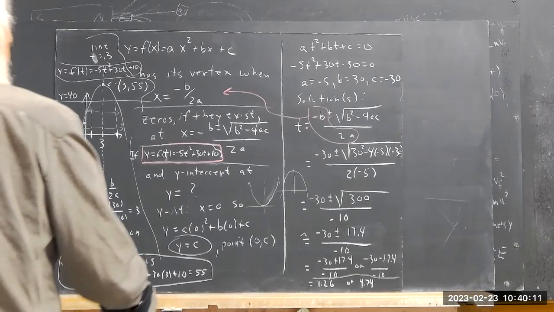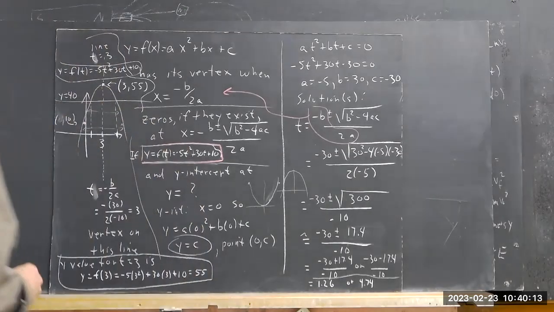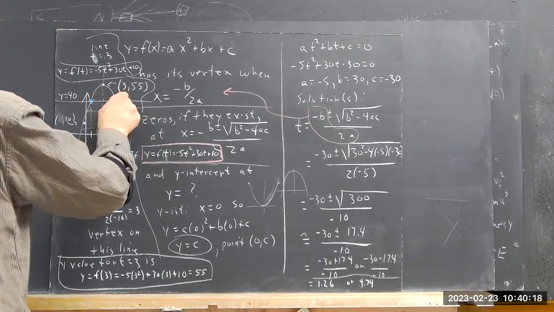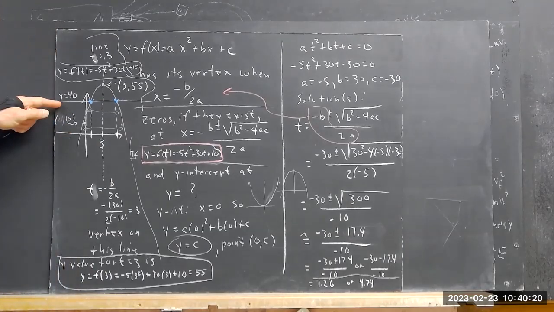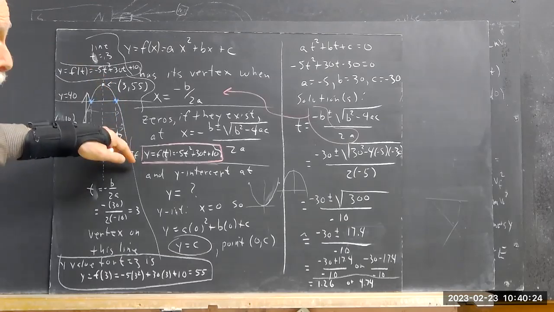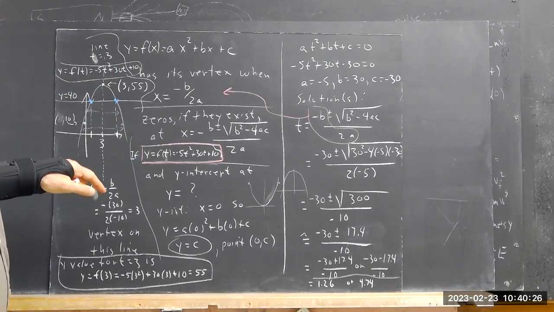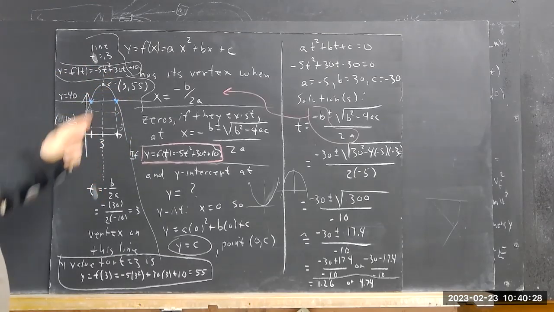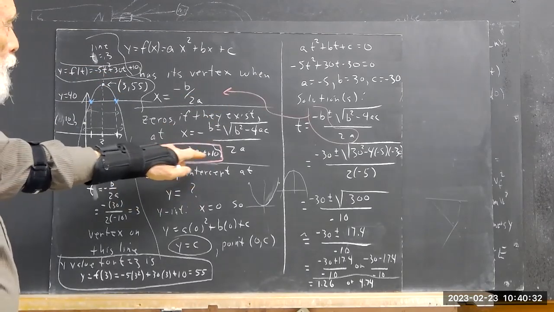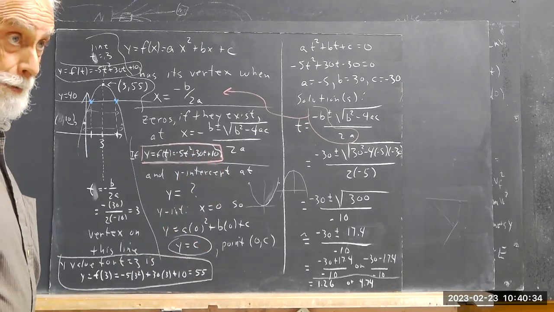Okay, I should have made these points a little more prominent because not everybody apparently saw them, but this point and this point are where y equals 40. And we're on the graph of the function, right? Okay, so the y equals 40 line intersects the graph of negative 5t squared plus 30t plus 10.